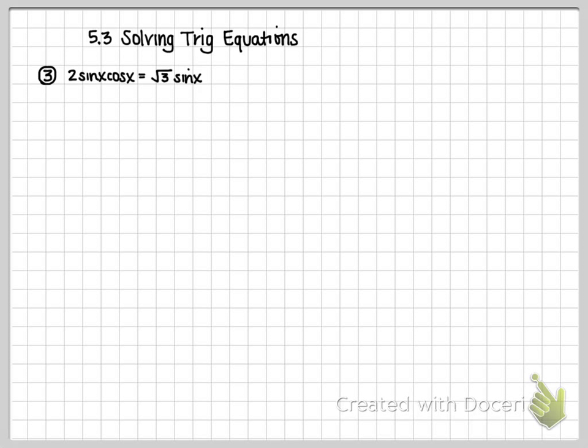I like doing this type of problem because a lot of students see the idea of dividing by sine x and think that's brilliant. Well, I'm here to tell you you don't want to do that. If we divide by sine x at this point, there's a possibility that you're dividing by 0 or you're eliminating a solution, and that's no good.